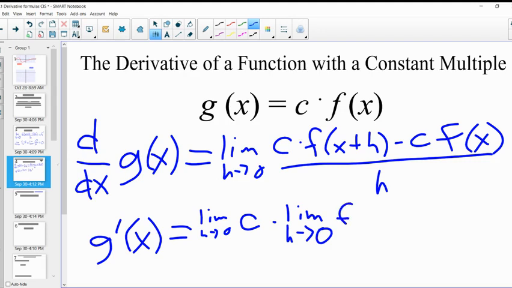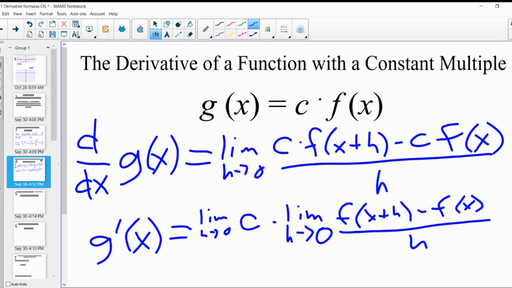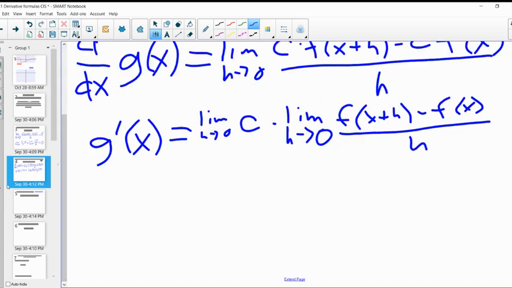I've got the limit as h goes to 0 of f of x plus h minus f of x all over h. The limit of a constant is the constant, and this limit as h goes to 0 of f of x plus h minus f of x all over h, that is the derivative of f. And so that's what we're getting.